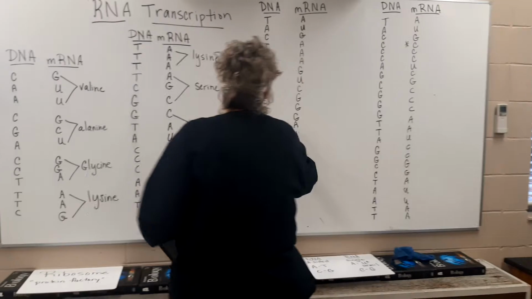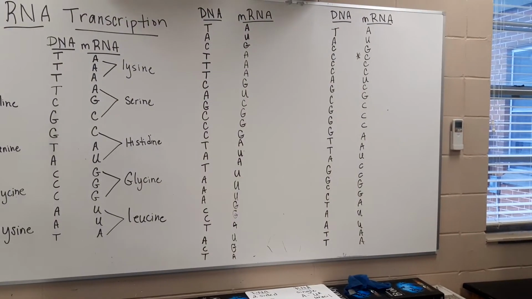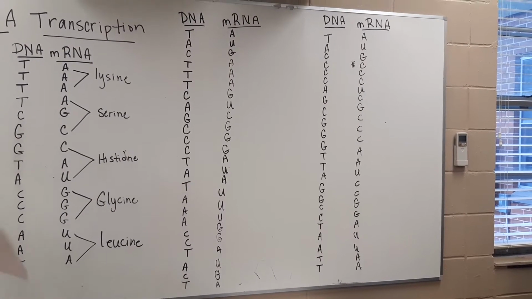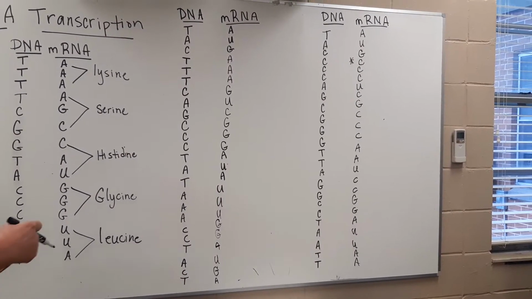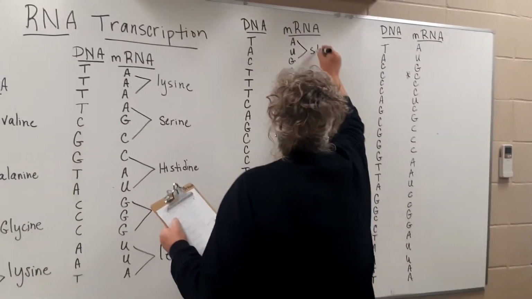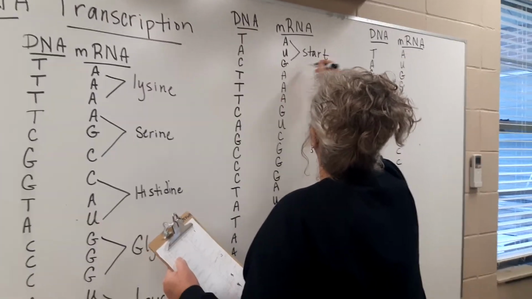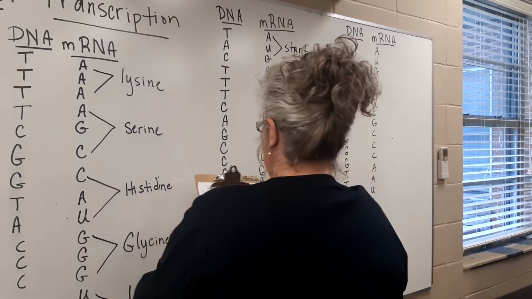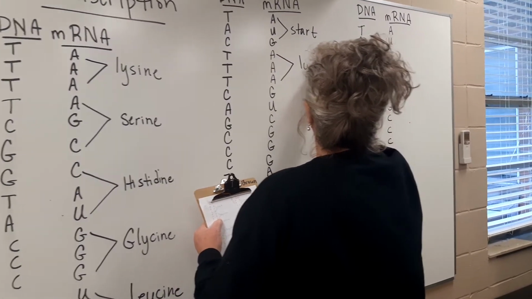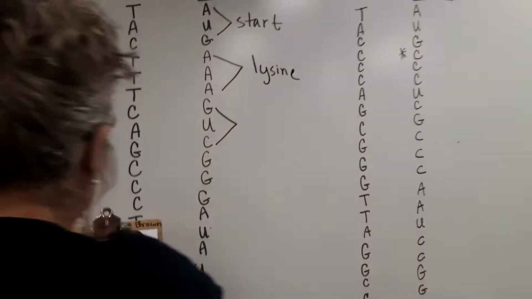All right, look at this third one. You should have these on your notes. Give that one a go, see how you do. Okay, let's see. AUG, we're getting serious now. AUG is the start codon, right? AAA, lysine. GUC, valine.